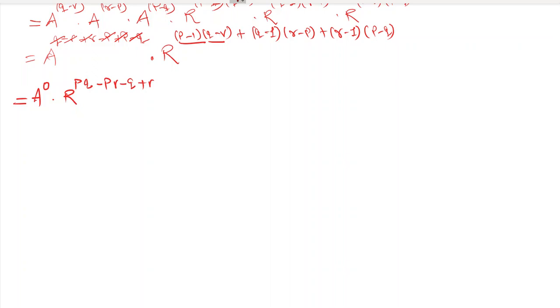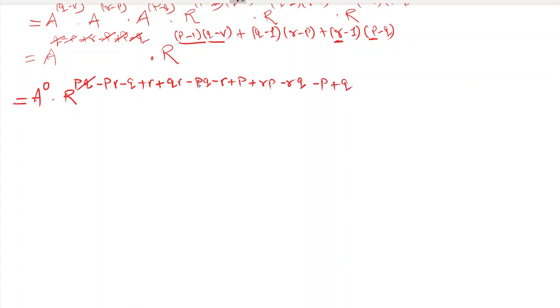Okay, plus q into r, that is qr, minus pq, qr minus pq, minus r plus p, plus r into p, rp. See, I'm multiplying this r with this p, rp, and then r with minus q, minus rq, minus p plus q.